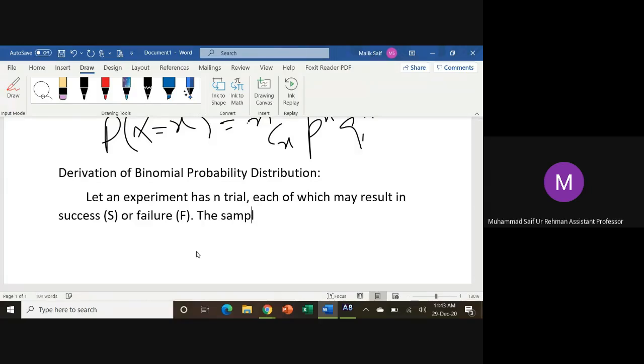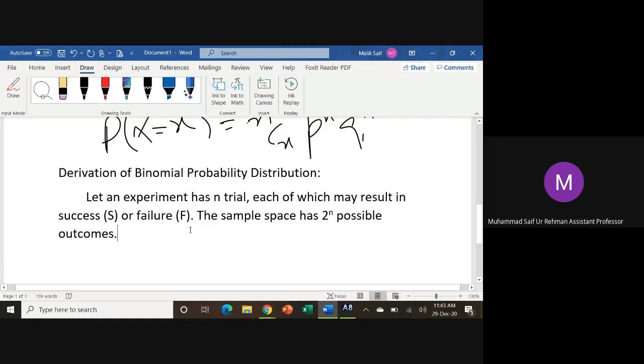The sample space has 2 raised to the power n possible outcomes.